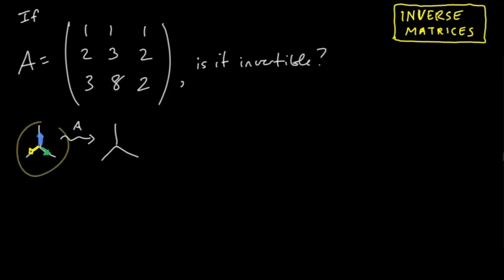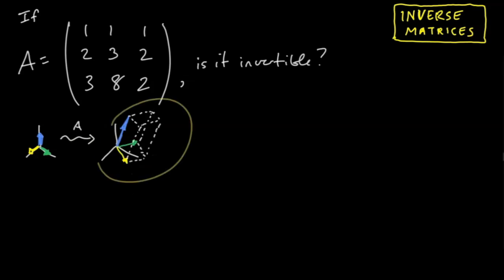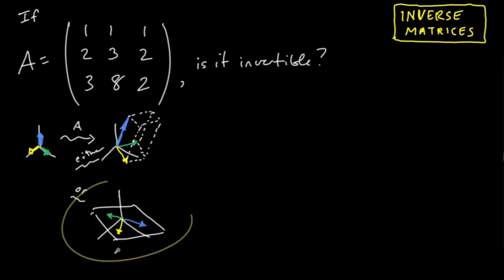These 3 standard basis vectors will either be mapped to a set of 3 vectors that are linearly independent and therefore generate a clean grid of parallelepipeds that fill all of 3-dimensional space. So either something like this, or it could send them to 3 vectors that are linearly dependent.